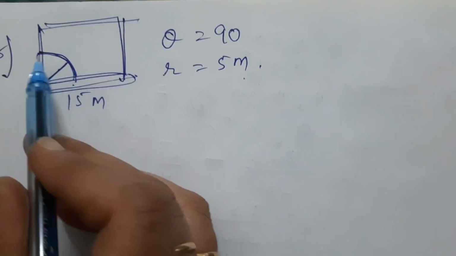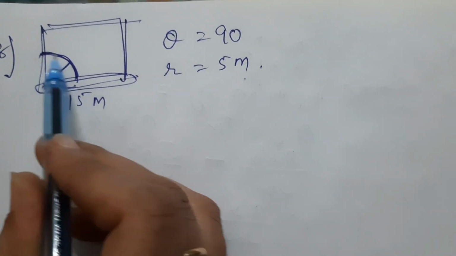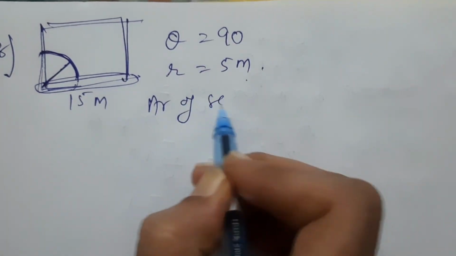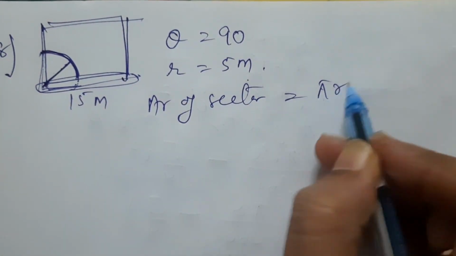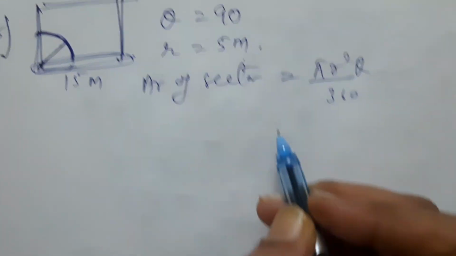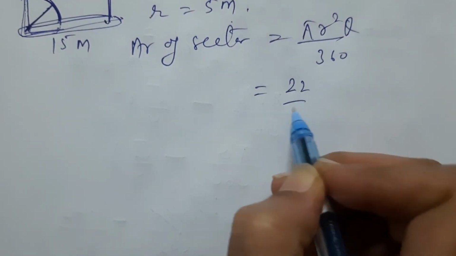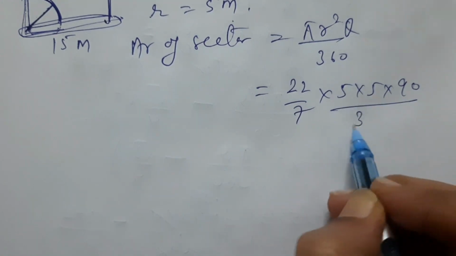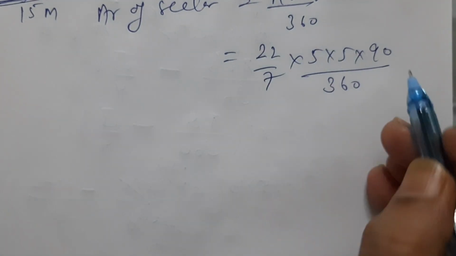So here the area is a sector only, where theta is 90. Let's start with area of sector. The formula you already know: pi r square theta upon 360. Put in all the values. It's 22 by 7, radius is 5, theta is 90 upon 360. Now complete the calculation and you will get the area.